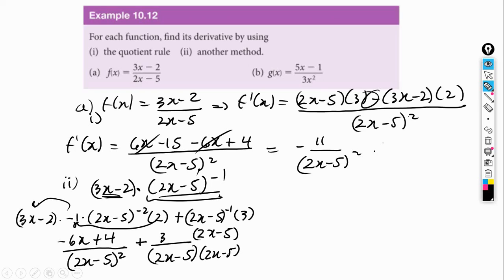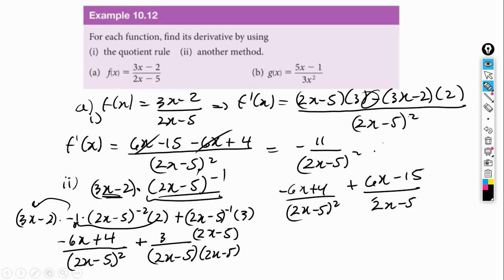And we're going to get that minus 6x plus 4 over 2x minus 5 squared plus, and now we can multiply. So we're going to get 6x minus 15, and this over 2x minus 5 squared.